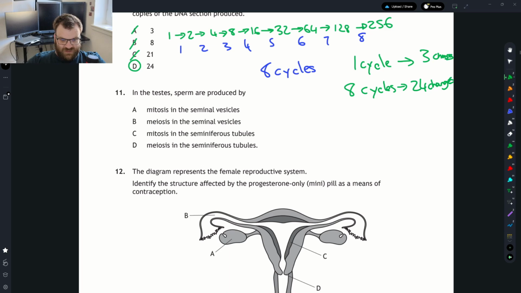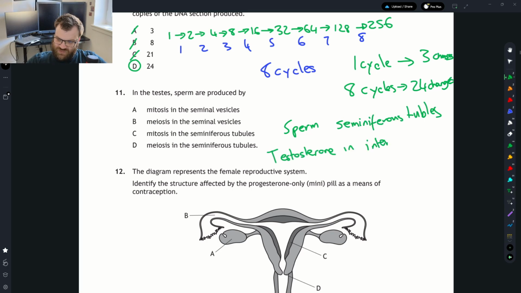In this one, we're dealing with making of sperm. So a couple of things to deal with this here. So sperm is produced in the seminiferous tubules. And the other thing that's produced is testosterone in the interstitial cells. And that brings us down, only with these ones here.